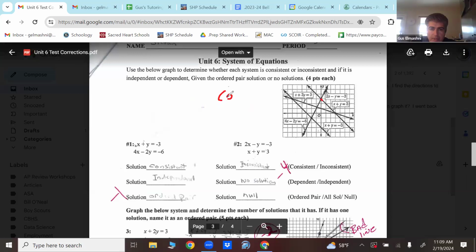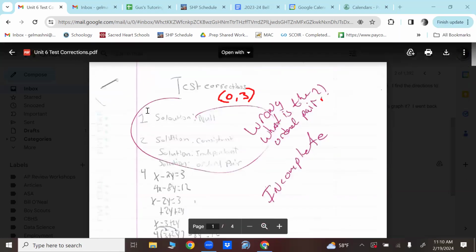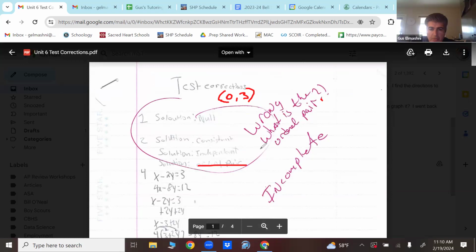So 0, 3. It's the same thing as before: consistent, independent, and they touch at 0, 3. So that's what you have to say for that one. That's good, but you have to say 0, 3. That's what we're looking for.